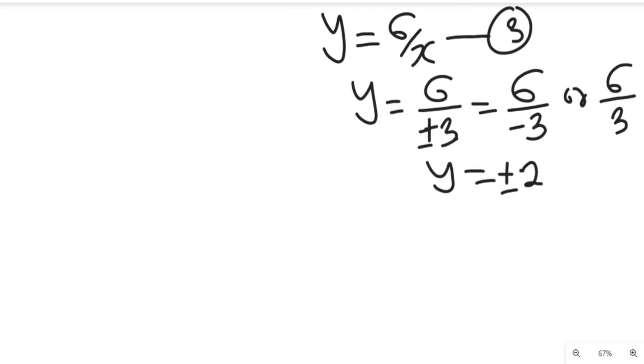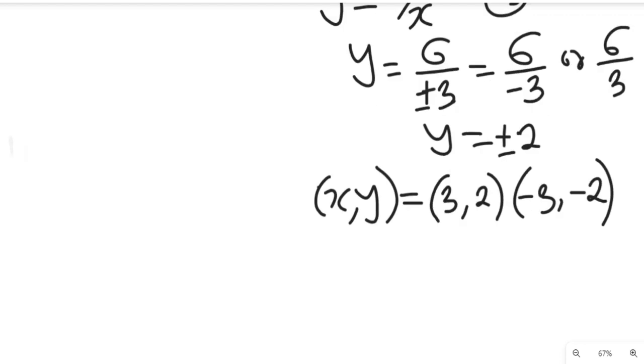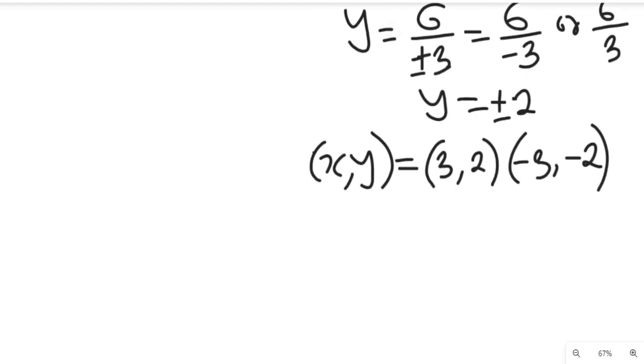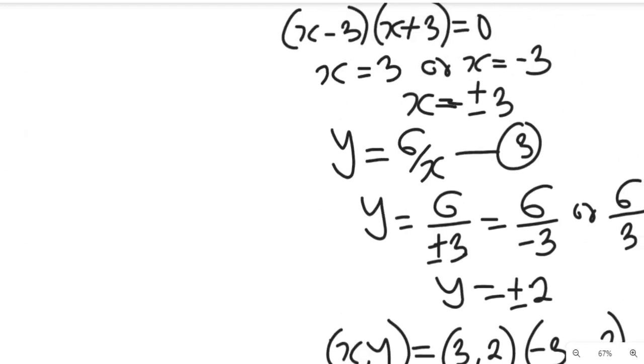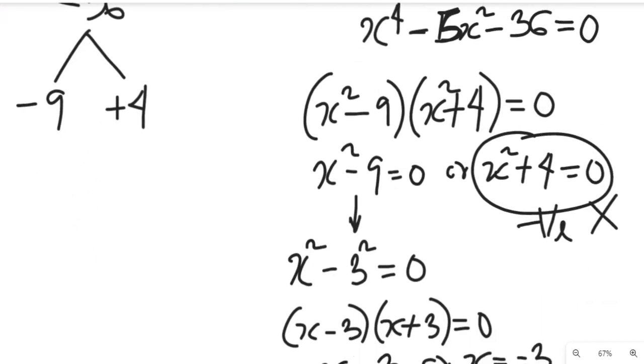So these two values for x and y will separately give us 3 and 2, or on the other hand, -3 and minus 2. Remembering what we are asked to look for, we are asked to find the value of x plus y.